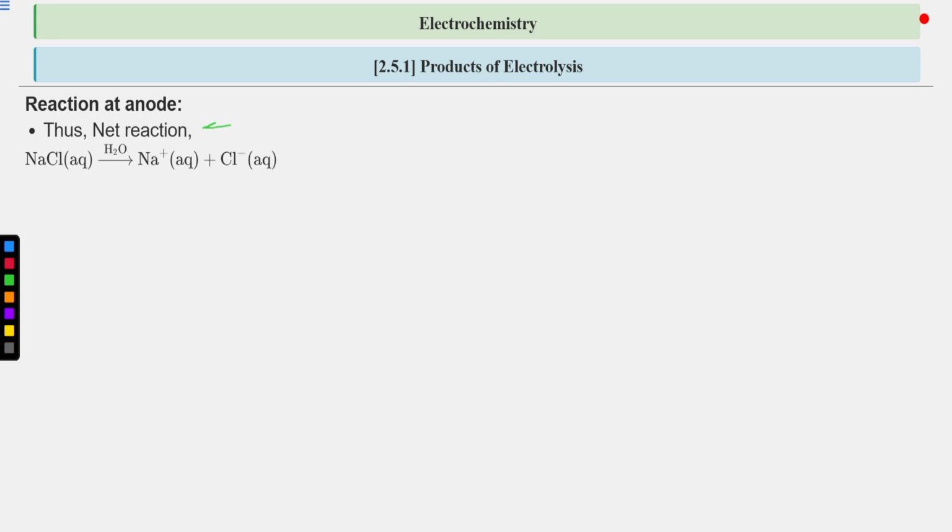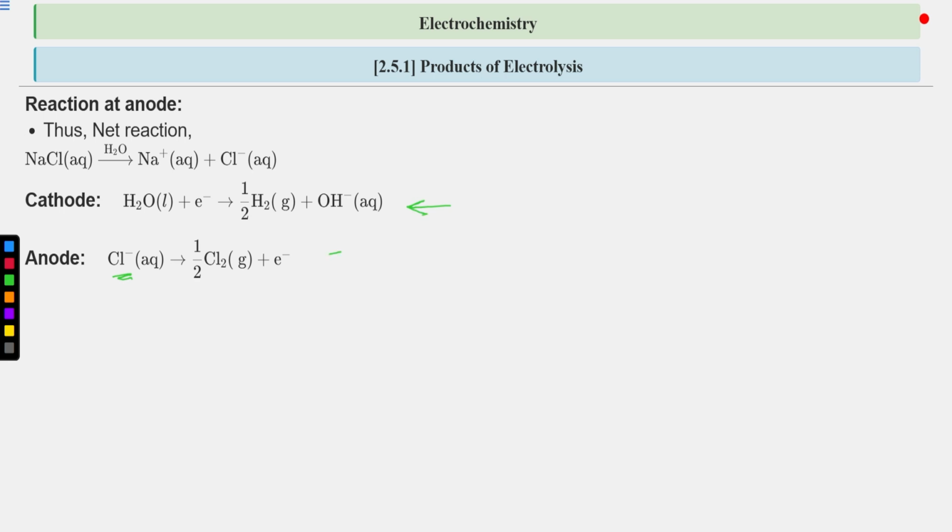Finally, the net reaction: NaCl in the presence of water, giving us sodium positive plus chloride negative, will have the cathode reaction as H2O plus electron giving half of H2 plus OH minus, and the anode reaction as chloride giving half of Cl2 plus 1 electron.